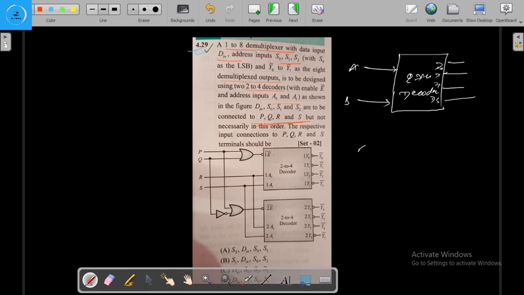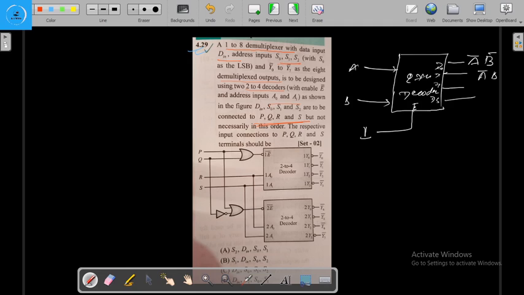So with A, B, what are we going to get as output? Here we will get A bar B bar, here we will get A bar B, and this is the active high decoder, the decoder with active high enable, right?